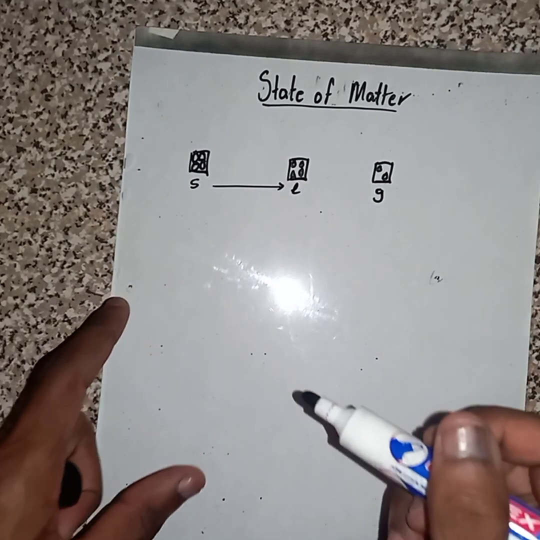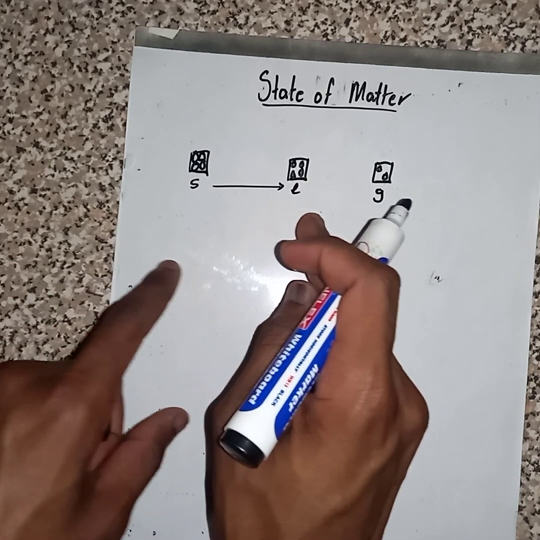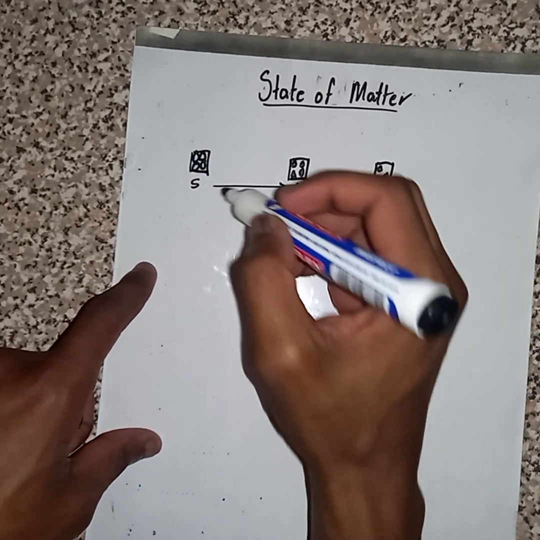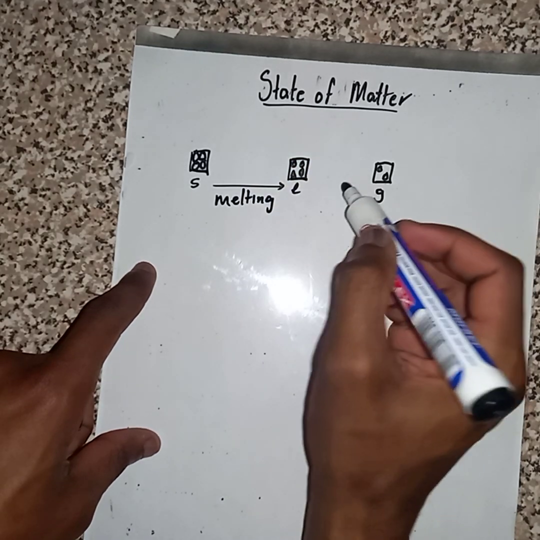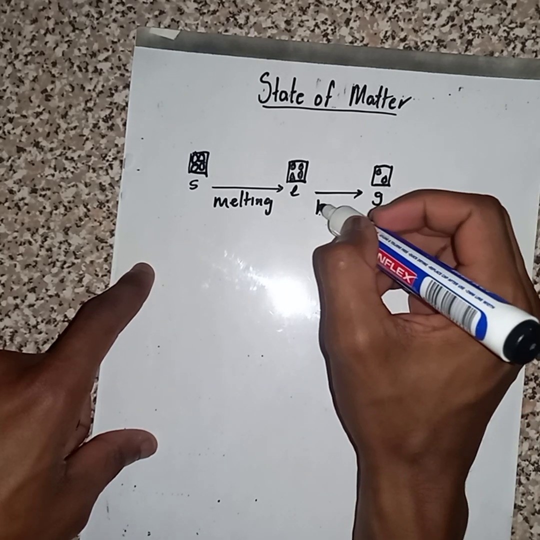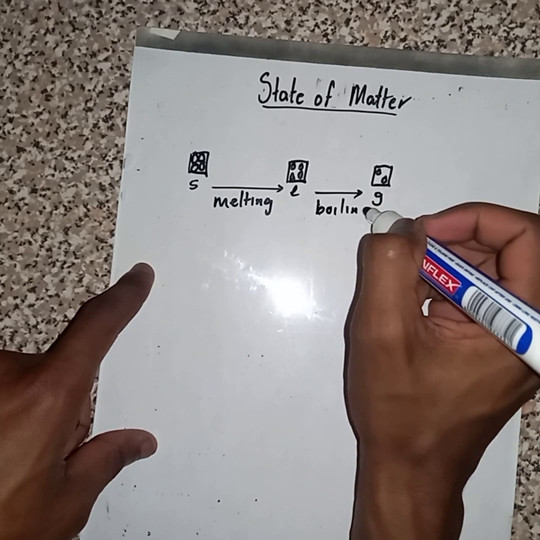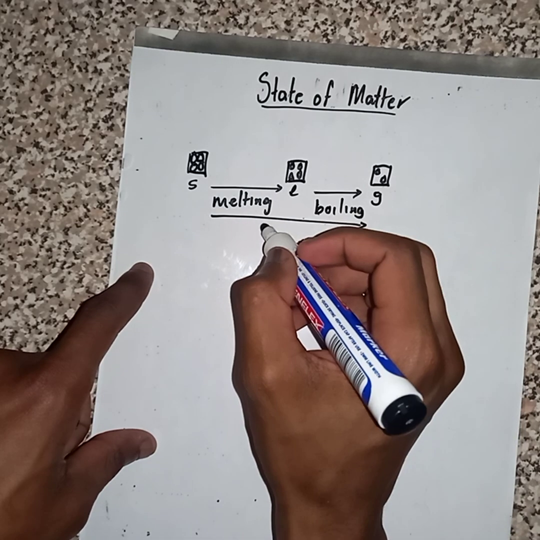We just want to know, when we move from solid to liquid, we call that state what? Melting. From liquid to gas, boiling or evaporation. Then now from solid straight to gas, we call it what?